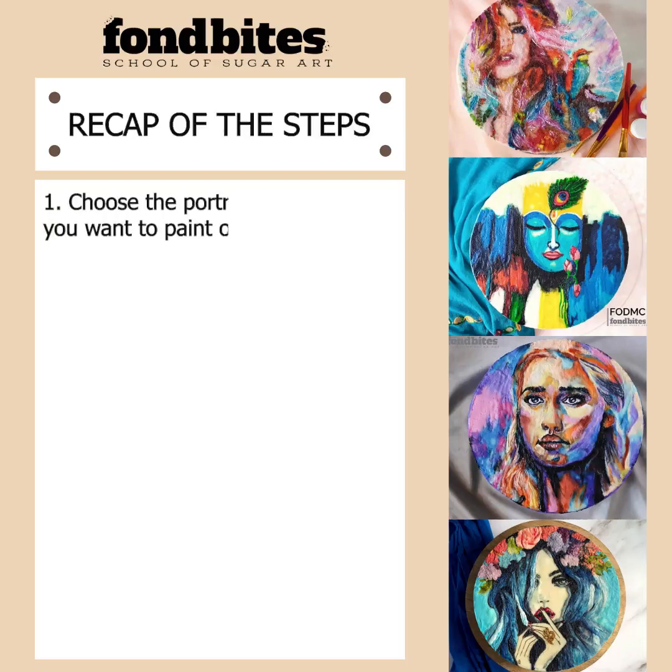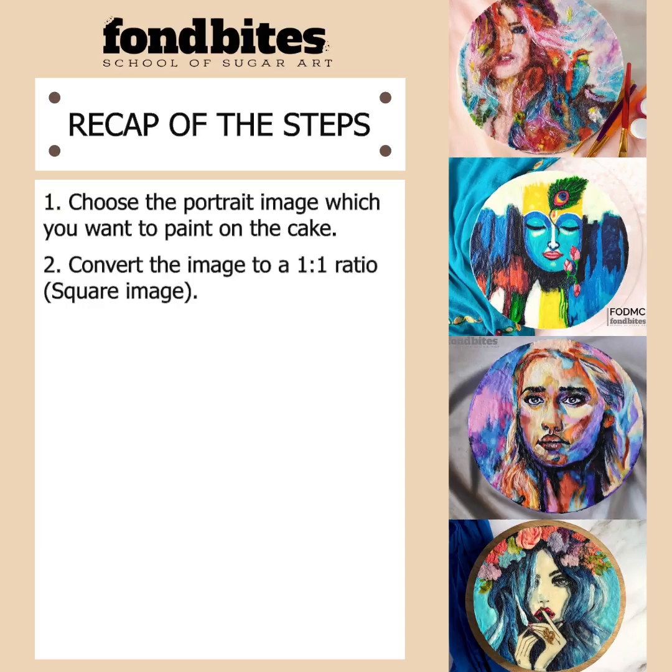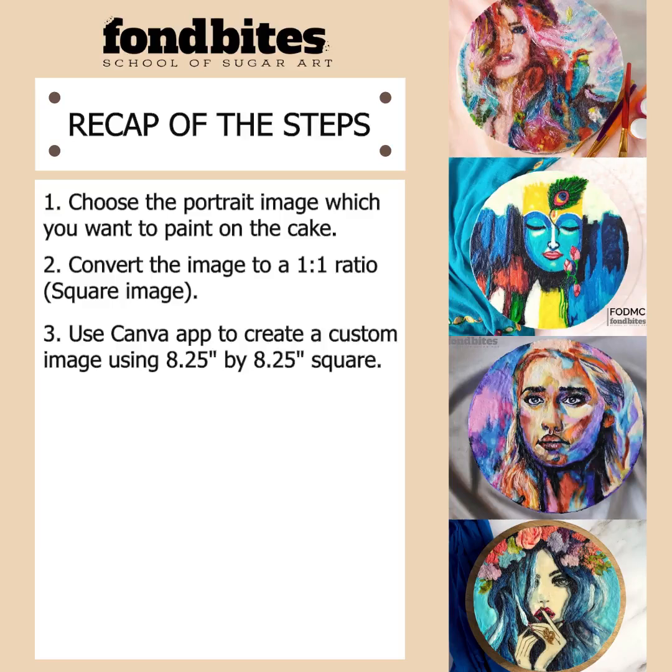Now you know how to choose an image and then again convert the image into a 1:1 ratio, which is a square proportion, and then using the Canva app you know how to add the ratio, which is the custom image using inches, 8.25 for both the length and the breadth of the square, which is both the same, 8.25 and 8.25.